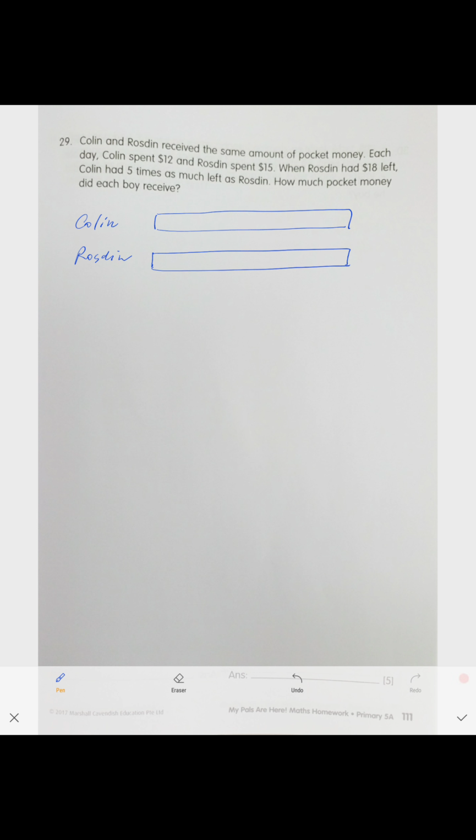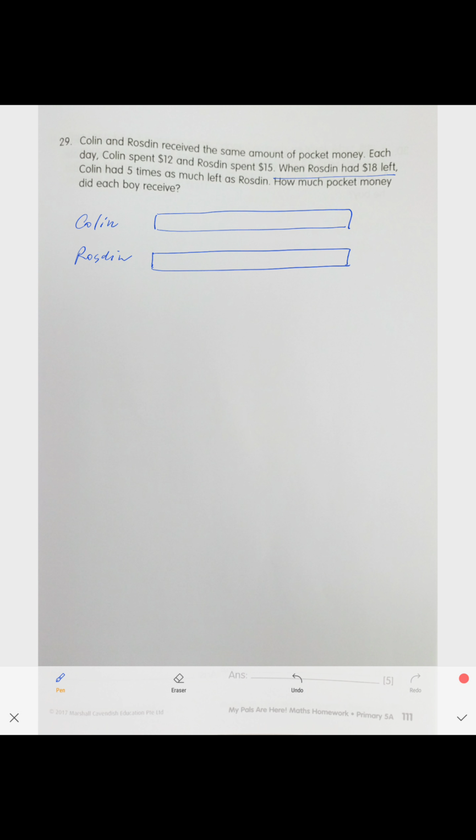So Colin spent $12. We don't know how many days. Rustin spent $15 each day, but we don't know again how much. What we know is when Rustin had $18 left, Colin had 5 times as much left as Rustin. That makes things very simple.